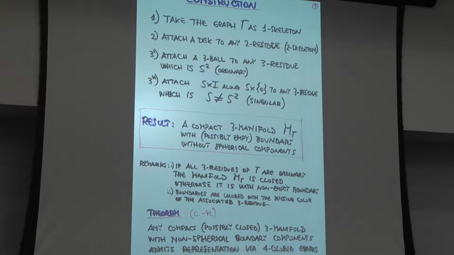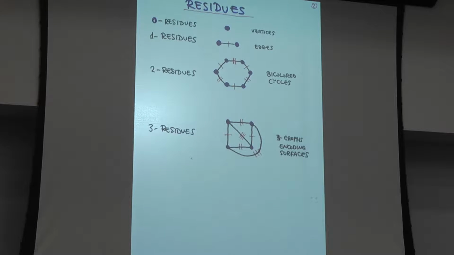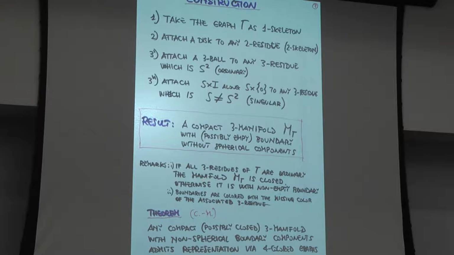And recall that we can associate a color to this boundary component, because the boundary component corresponds to a three residue which is not a sphere, and any three residue has a missing color, so we can associate this missing color to the residue and to the component of the boundary associated.